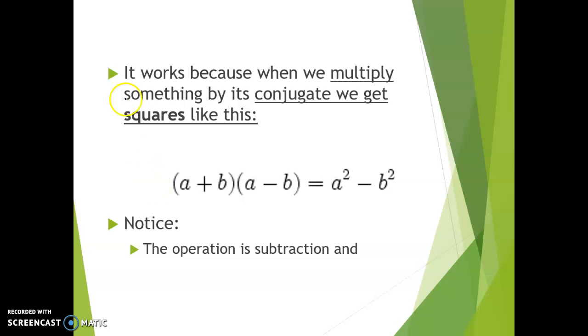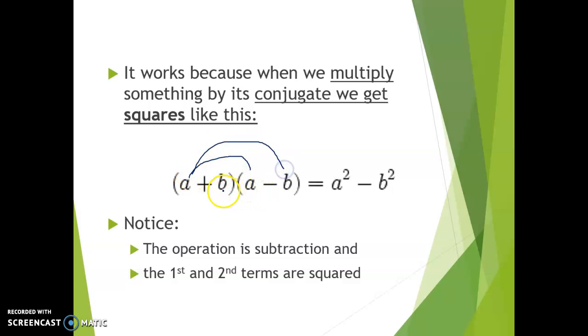The reason that we're going to do this is because when we multiply conjugates, we get something called a difference of squares. So if we were to FOIL this out, first, outside, inside, last, and then we were to combine like terms, what we would get is a squared minus b squared, a difference of squares. Please notice that this is subtraction once you multiply it out.